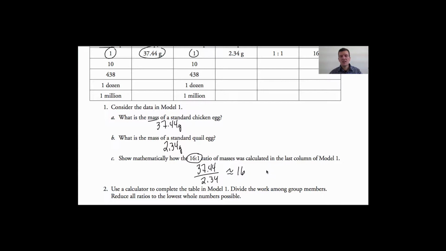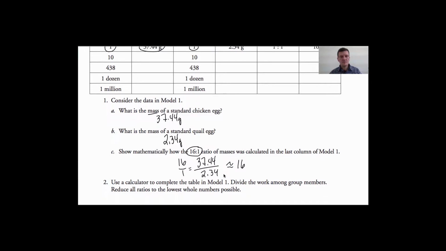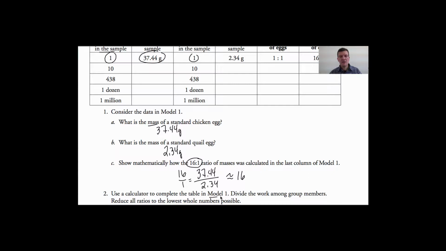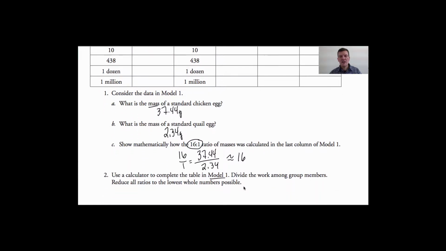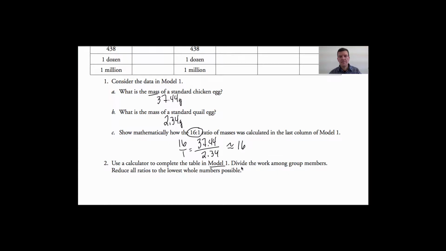So it's a 16:1 ratio. We're now going to use our calculator to fill in Model 1. I'm not going to do all the calculations, I'm just going to set them up. You can do the calculations with your calculator.